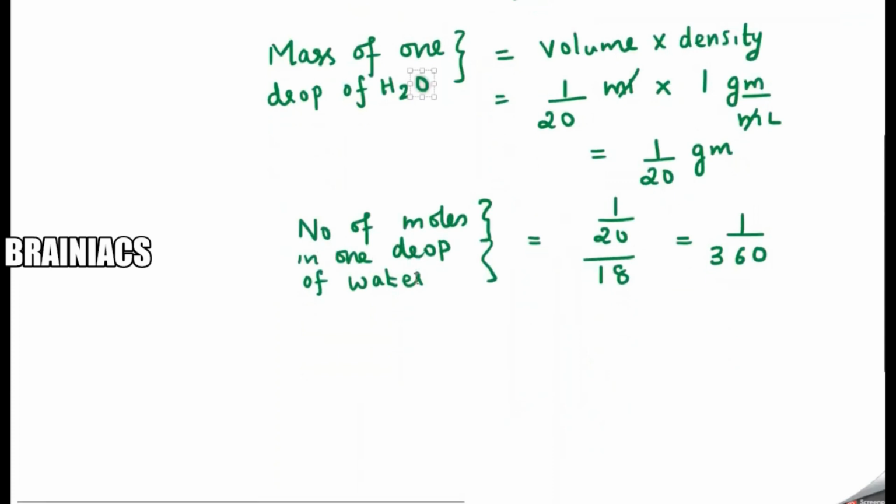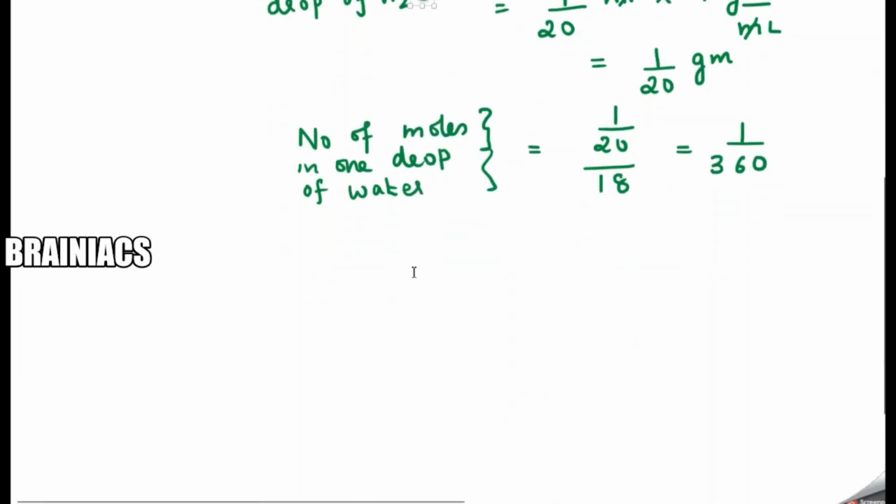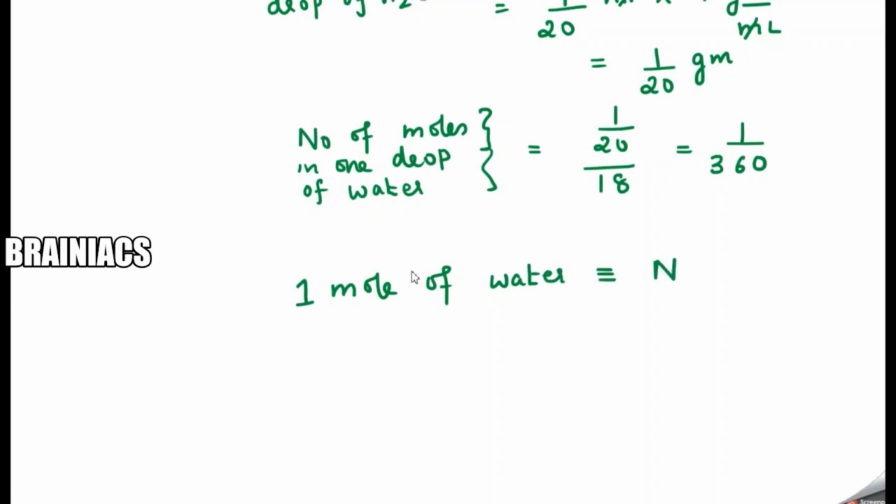Now we will calculate the number of molecules. So I know that 1 mole of water has how many molecules? We have learned this, Avogadro number. So that is Na molecules of water. Now, how many moles do you have? 1 by 360. This 1 by 360 is present in how much water? One drop of water.